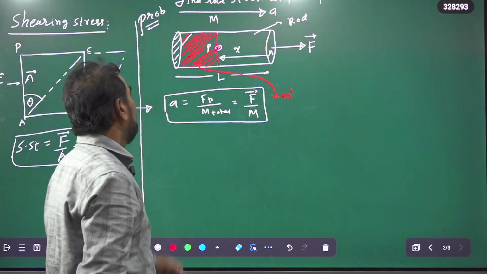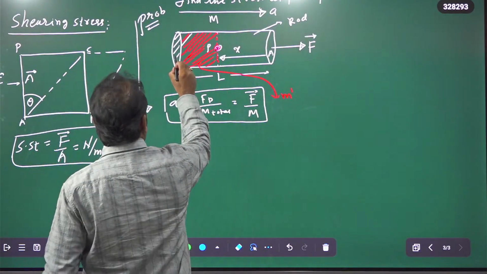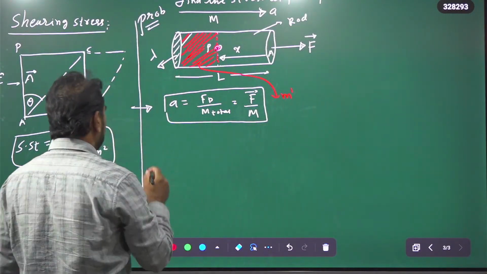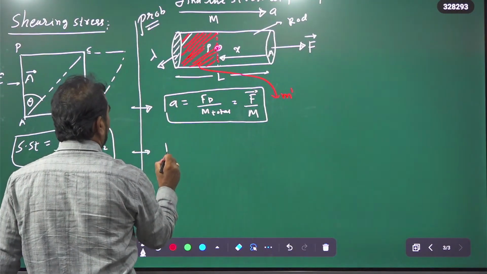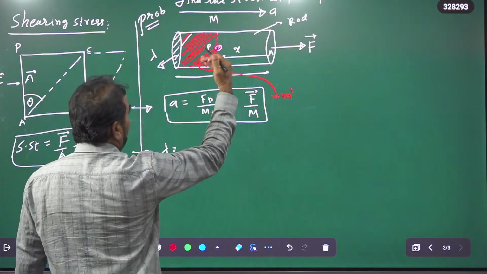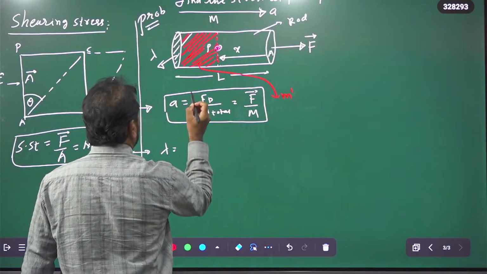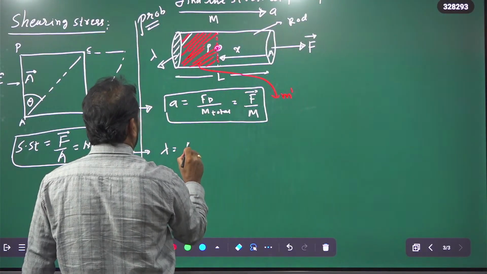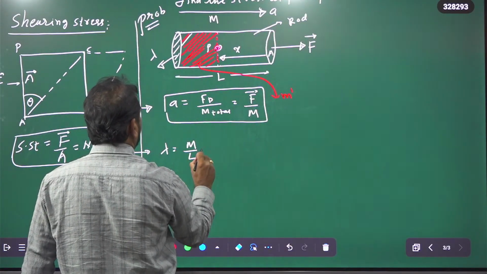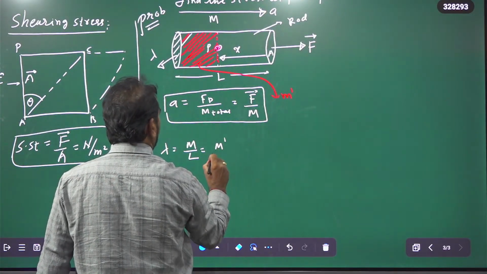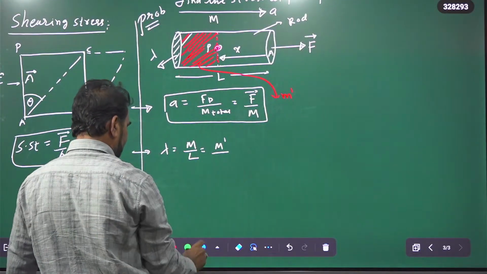The rod has a linear mass density lambda. You already know what linear mass density is: lambda is equal to mass per unit length, which is constant. That is, capital M upon L is equal to m dash upon this length.